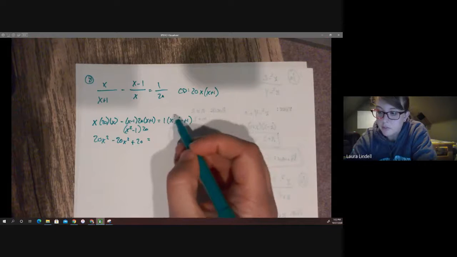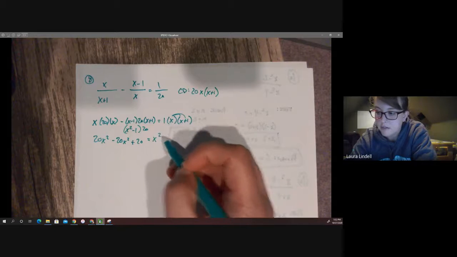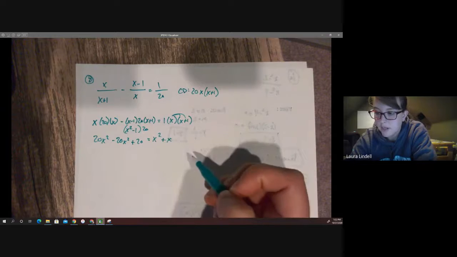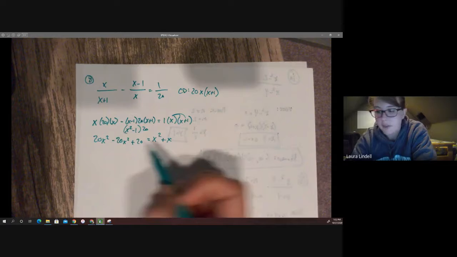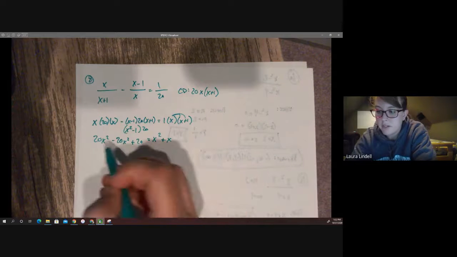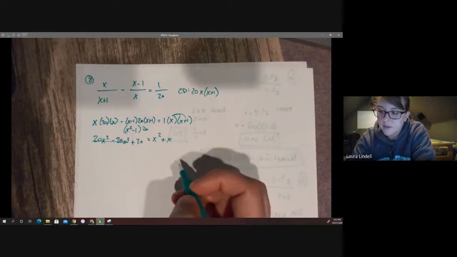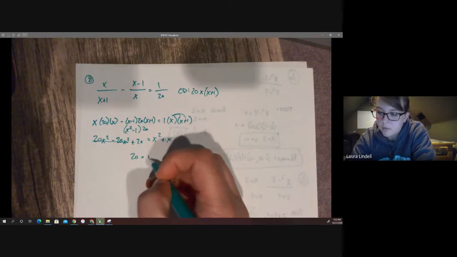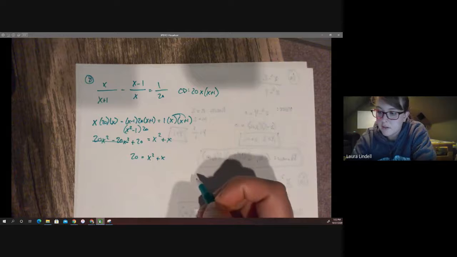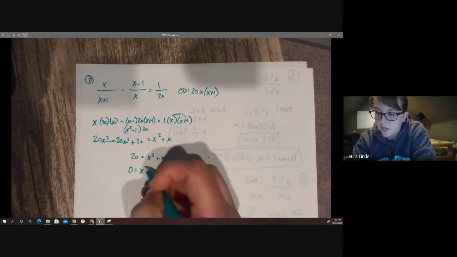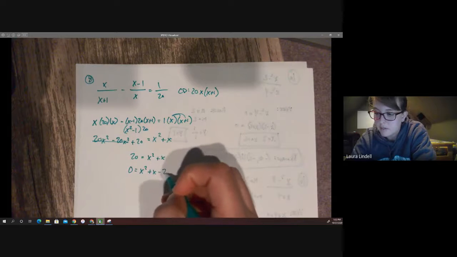And then this multiplied out gives us x squared plus x. All right, so then 20x squared minus 20x squared cancels each other out. We get 20 equals x squared plus x. So 0 equals x squared plus x minus 20.